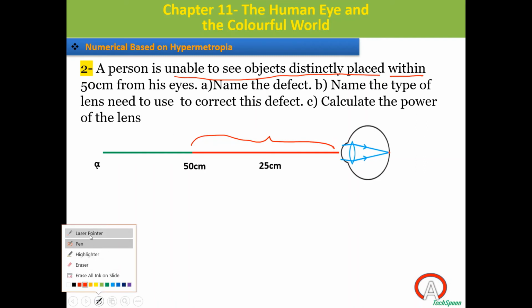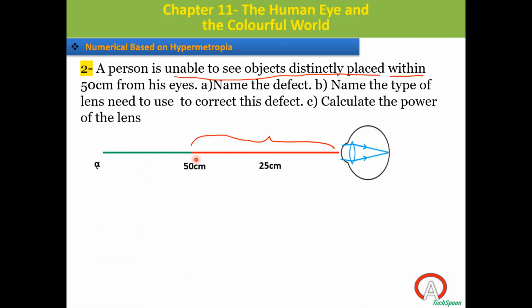Now if it is beyond 50 centimeter on the red line, where does it come? From here to infinity, right? Then it would be myopic. So here it is hypermetropia. He cannot see anything near the eye, but he can see away. 50 centimeter away he can see anything, but within 50 centimeter he cannot see anything.